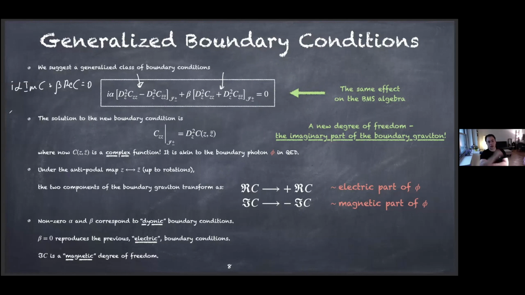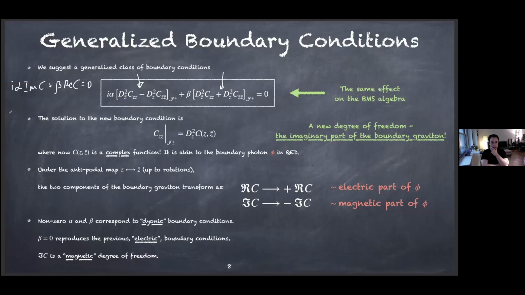Now, I'm using complex coordinates on the sphere, but at the end of the day, the metric is, of course, always real. This is only a description in terms of complex coordinates that will be very useful for these applications. Okay, so we have a new boundary degree of freedom, the imaginary part of the boundary graviton. And now I want to start explaining the physics of this.